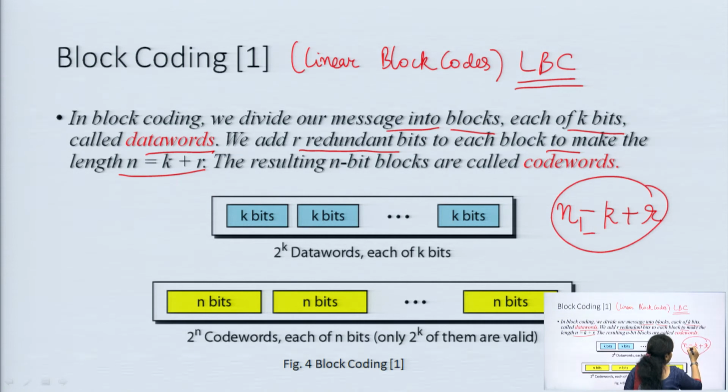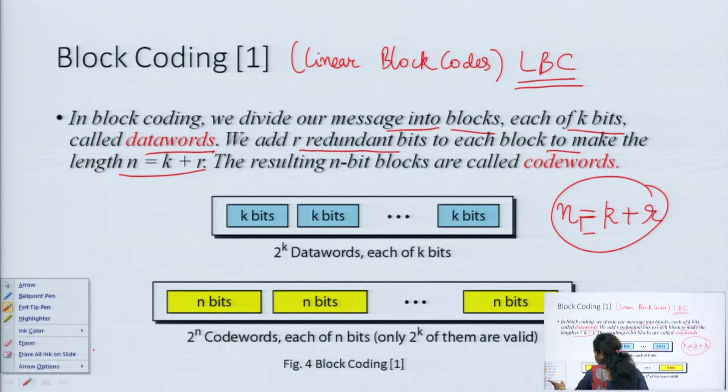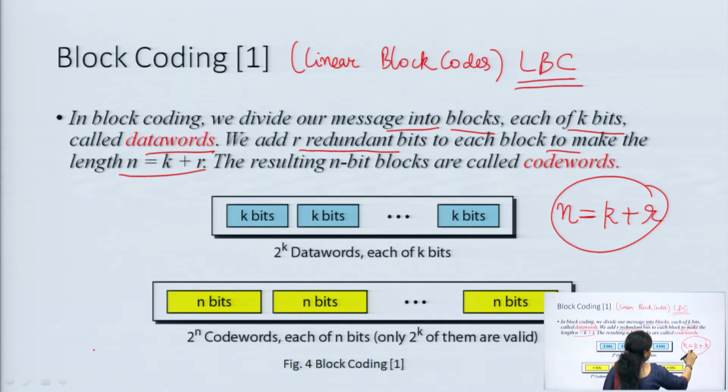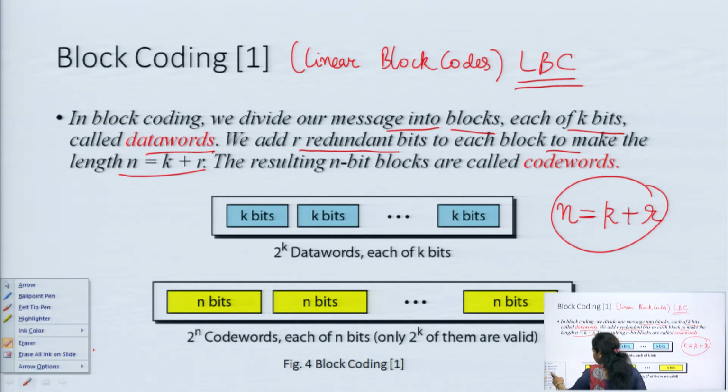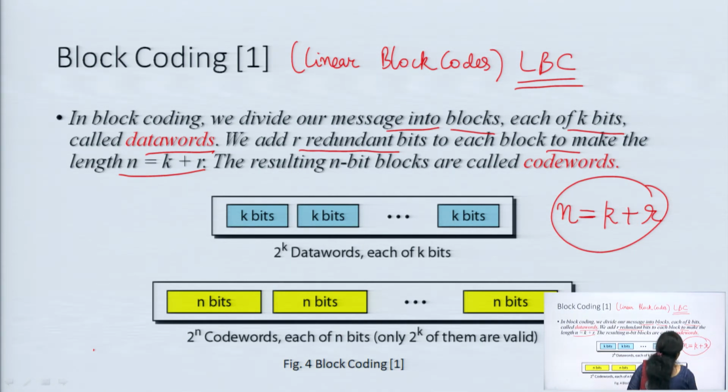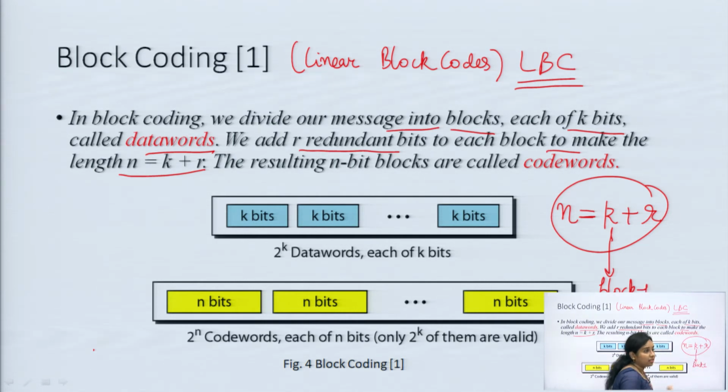This is the formula, which means the total length of the data will be n bits. k is the number of message bits in a particular block. Let us say in one block k bits are there, in the next block another k bits are there. So, this is how the original message will be divided into blocks of bits, and then the redundancy bits will be added.